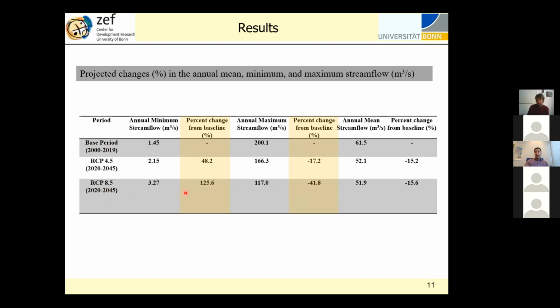But then overall, for the mean streamflow at the annual level, the changes are not different. When this increase and this decrease are averaged, around 15.2 and 15.6% annual reduction in the mean annual flow will be observed.